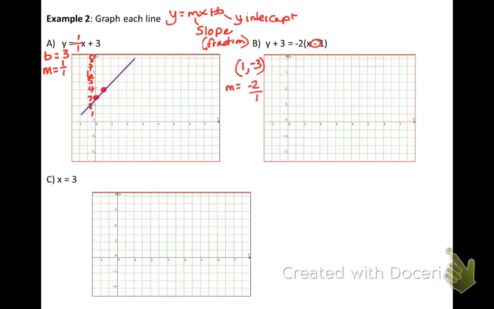Remember, we're doing fractions. And then you graph the point first, so it's 1, negative 3, and it's saying to go down 2, notice I have the negative on it, down 2 over 1, and then you graph it.